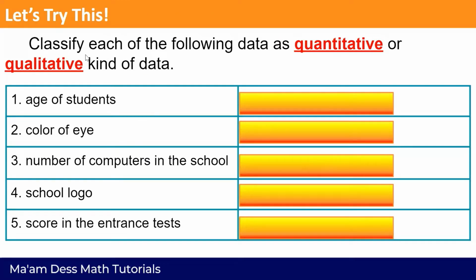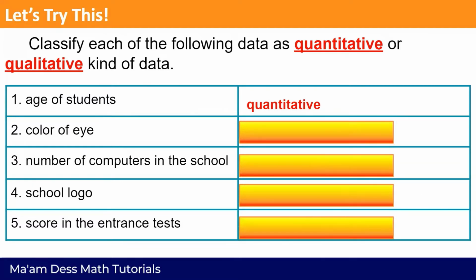Let us try this. Classify each of the following data as quantitative or qualitative kind of data. Number one, age of students. Is it quantitative or qualitative data? It is a quantitative data since age refers to a number.